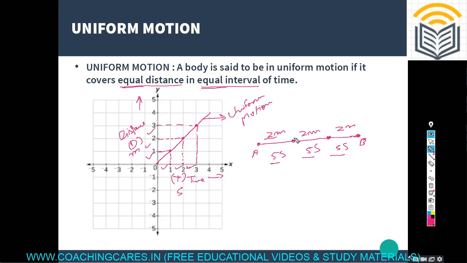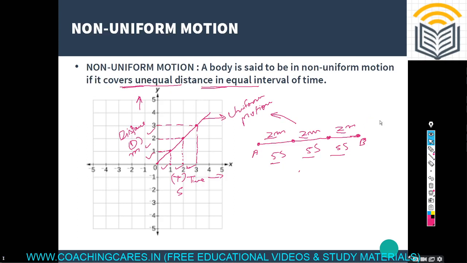The body moves equal distance, which is 2 meters. So this motion is uniform motion. I think it is clear to you now. We'll understand more in the next slide about non-uniform motion.